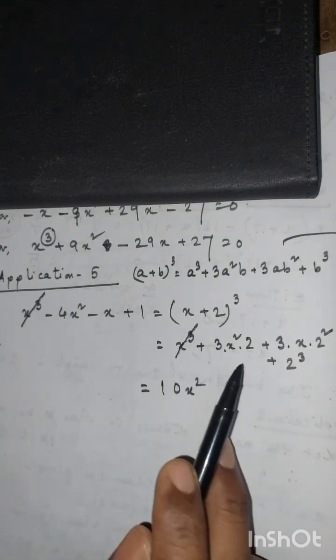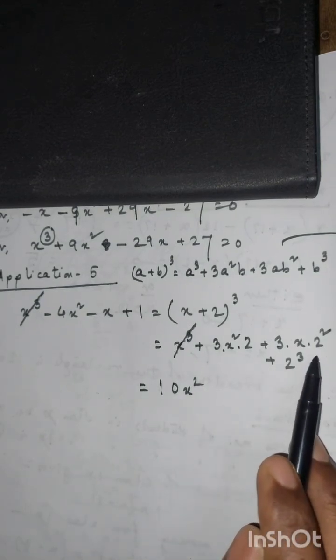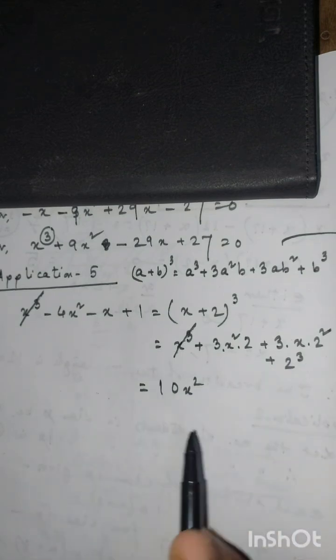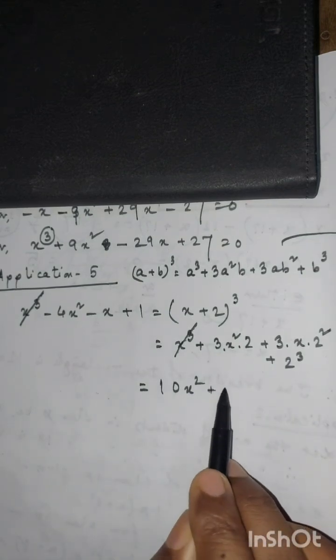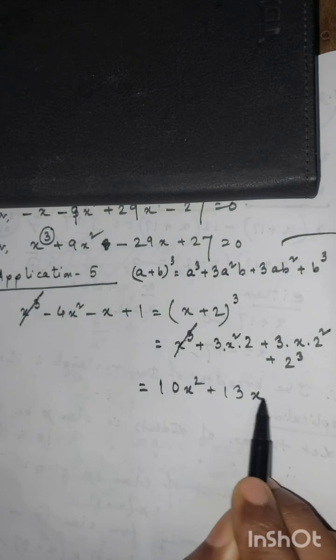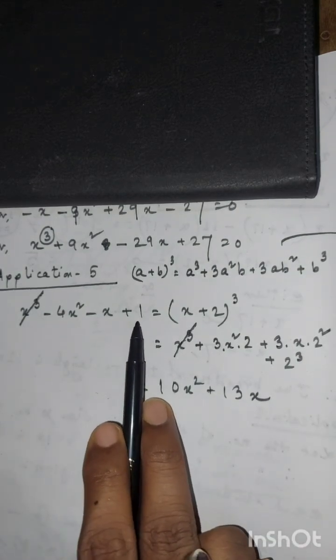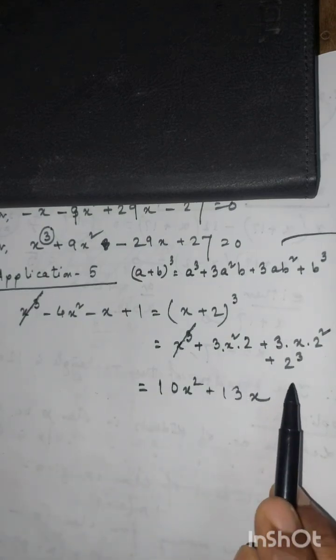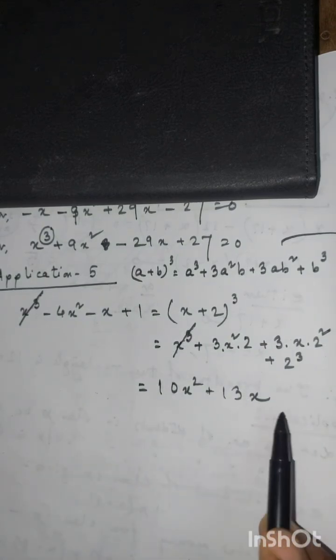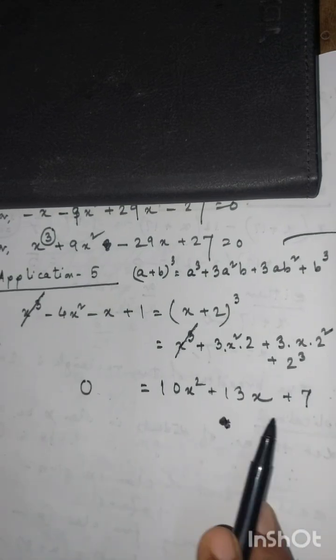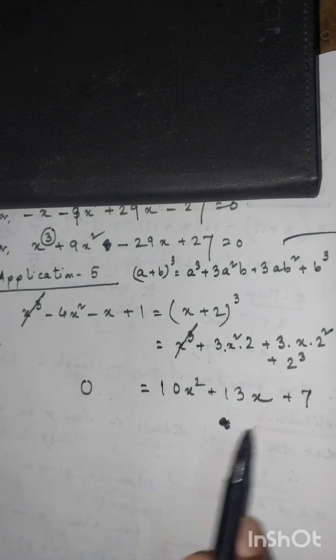When it comes to the right side, it becomes 2 to the 4 into 3, 12, plus 1, 13, 13x. And when 1 comes to the right side, it becomes 8 minus 1, that means 7, plus 7. So we get this equation.